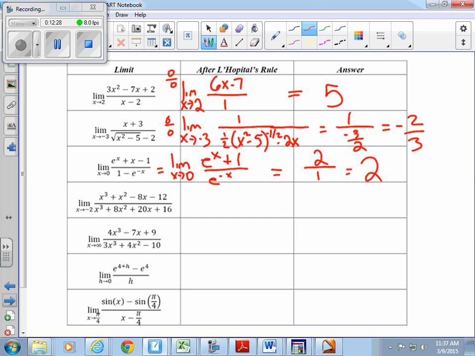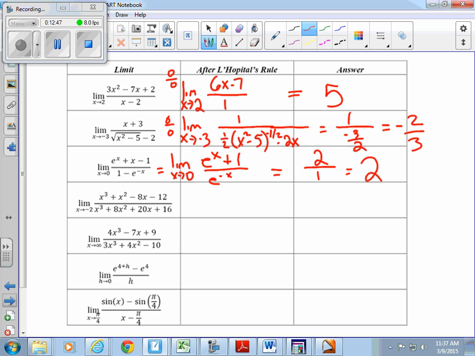How hard would that limit have been by hand? Or by the long way? You would have had to change e to the negative x to 1 over e to the x, get a common denominator on the bottom, flip and multiply. It would have been fun. Changes into a couple minute problem, or a minute, maybe a minute.